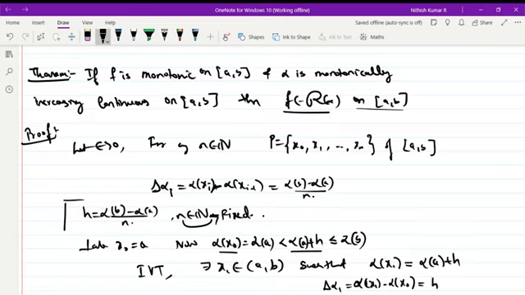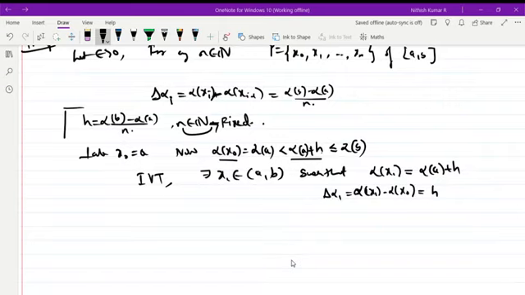Similarly, alpha of x1, that is nothing but alpha of a plus h, is less than or equal to alpha of a plus 2h, which is less than or equal to alpha of b.